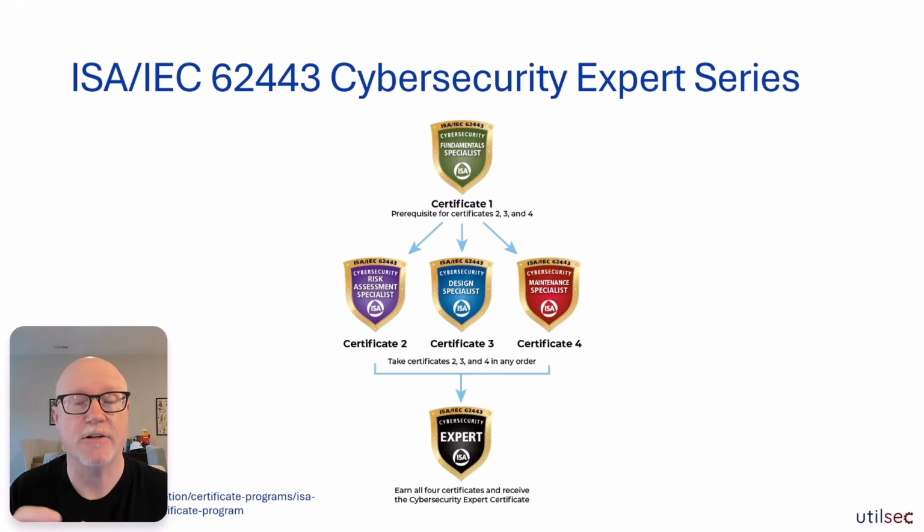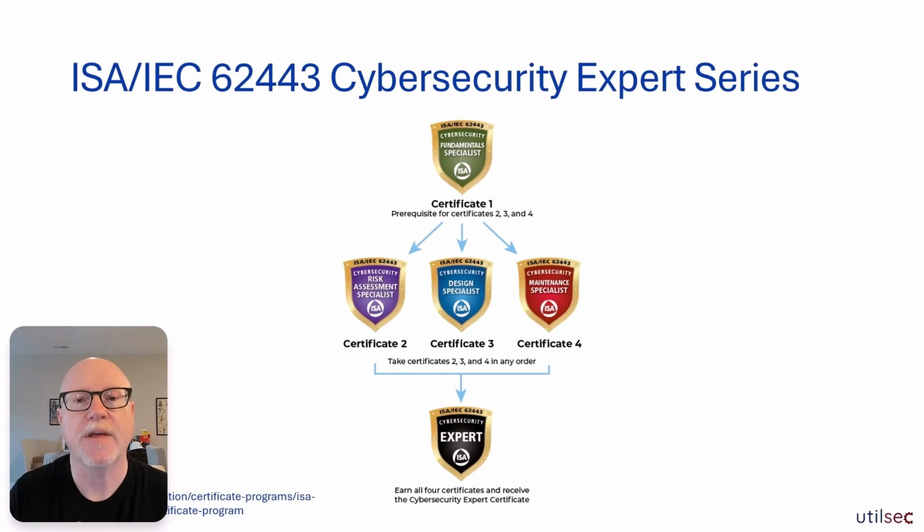Right? So it's a standard, or really a family of standards that helps us understand how to build a cybersecurity program in OT. That comes from an organization which is ISA. And then they work with another organization called IEC. Right? We'll get into all the details in later modules in the course.